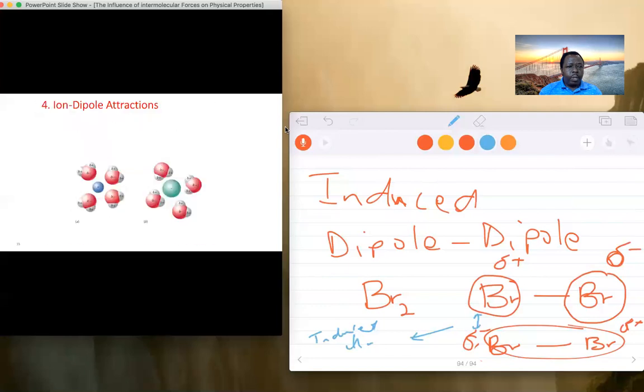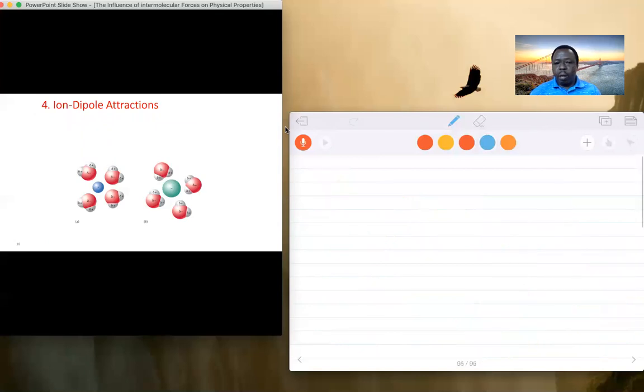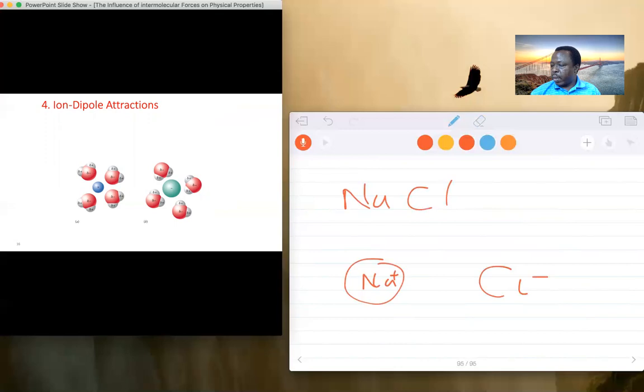Ion dipole is basically when an ionic compound is dissolved in H2O. There is an ion, it could be sodium chloride dissolved in H2O. It will produce sodium ion, which is positively charged, and chloride ion, which is negatively charged.